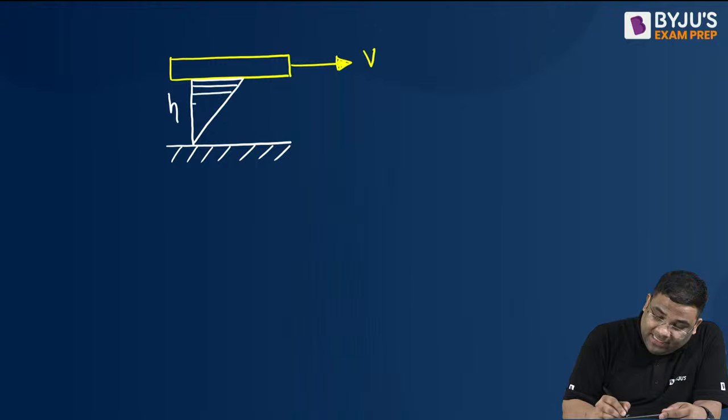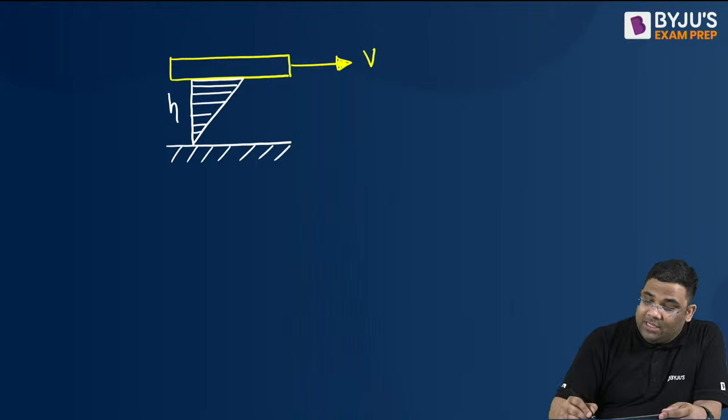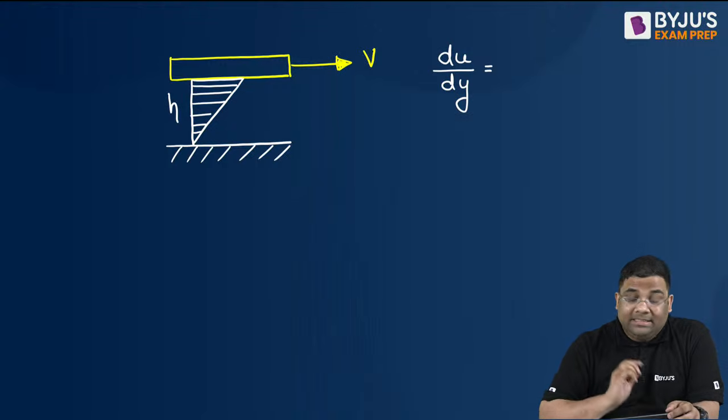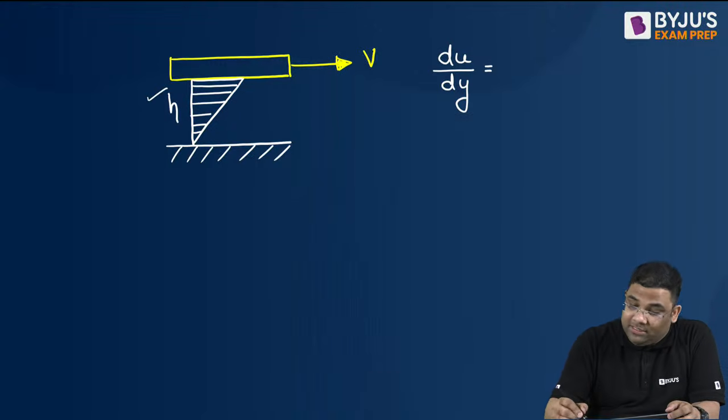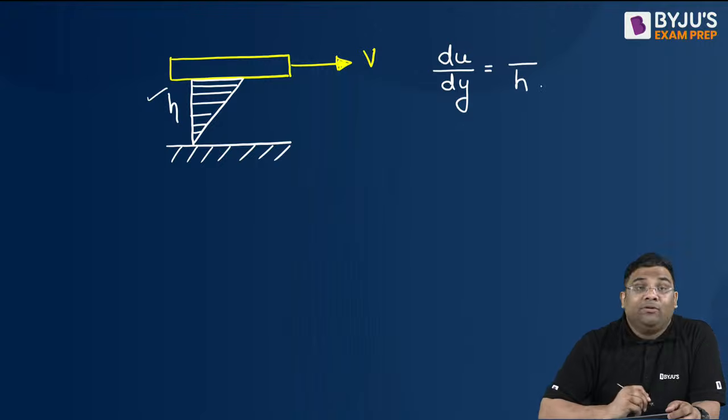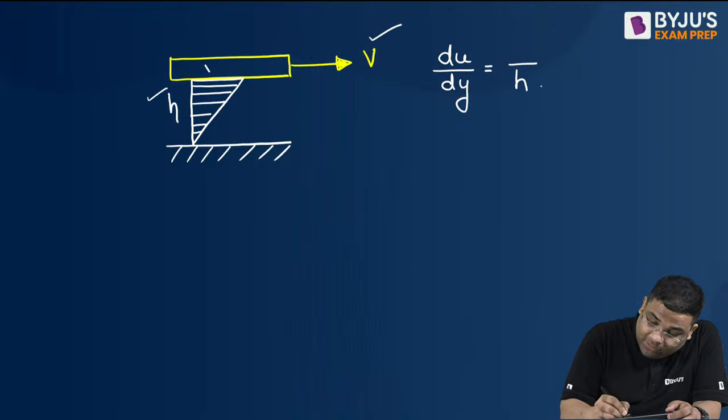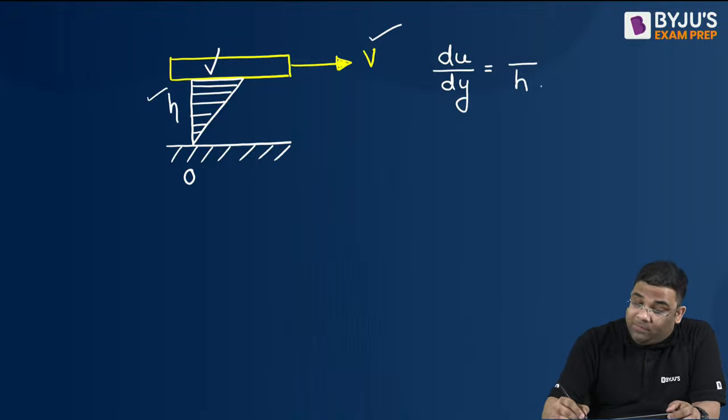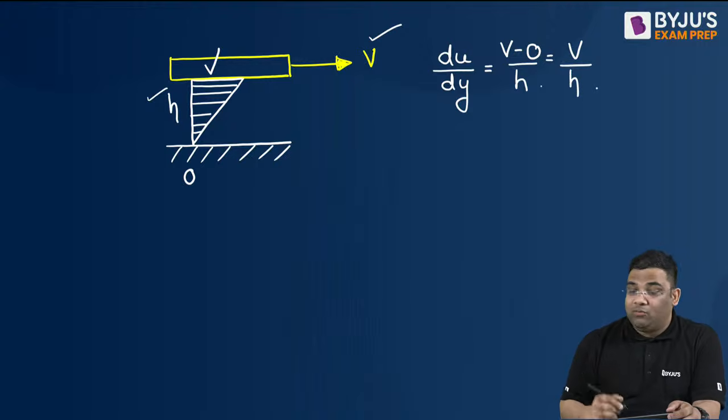So if this is linear, I can say the change in velocity by change in distance. Change in distance is h, and the plate is moving with velocity v, so here the velocity will be v, and at the fixed boundary it will be 0. So v minus 0, giving me v by h.